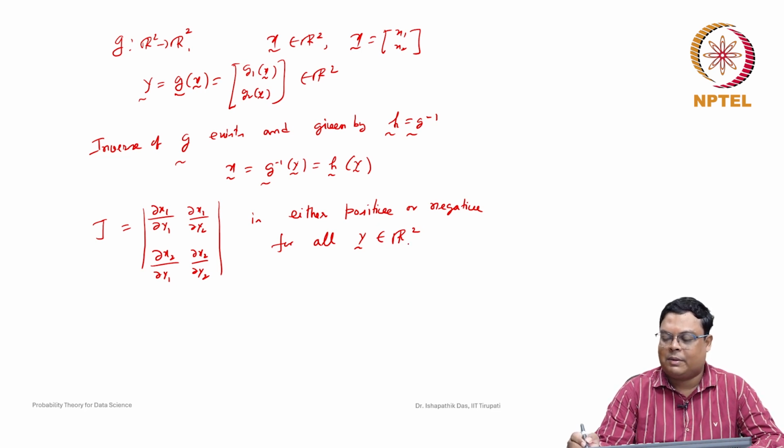This range may be a subset of R2, but it will be either positive or negative for all values of y. It will not be both cases.